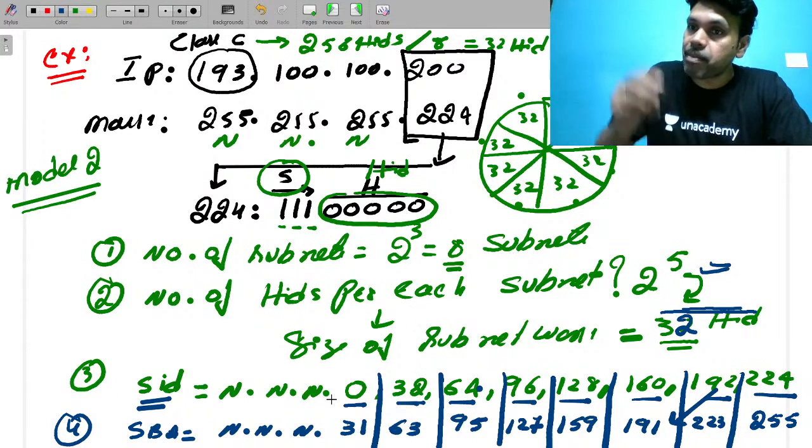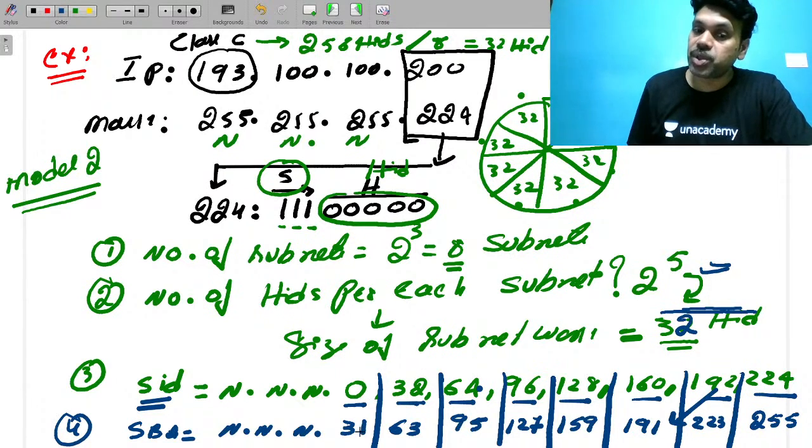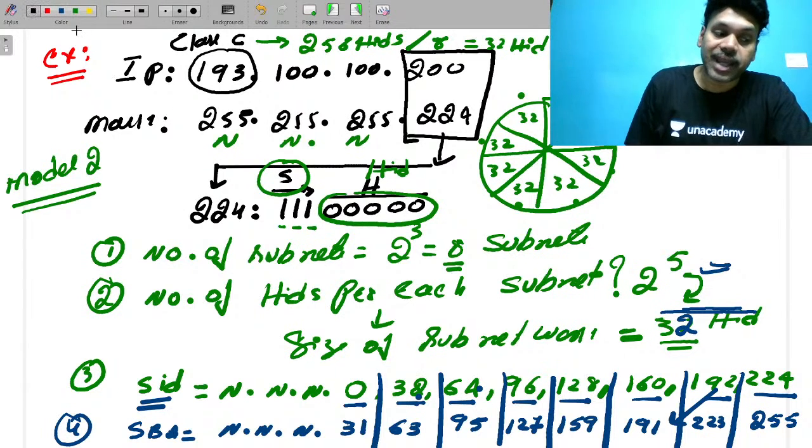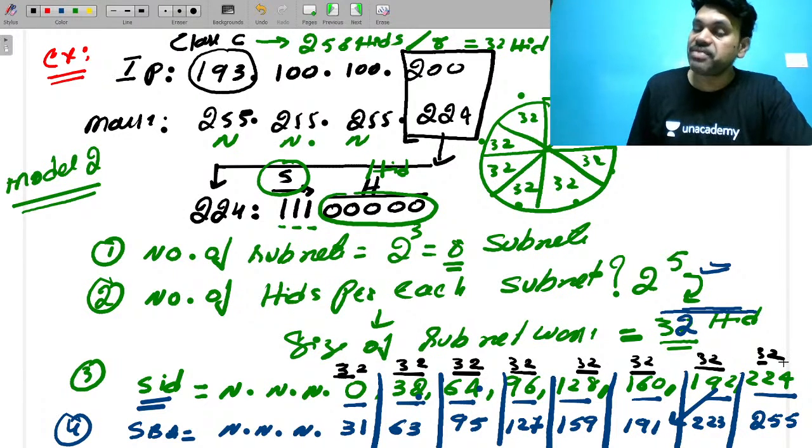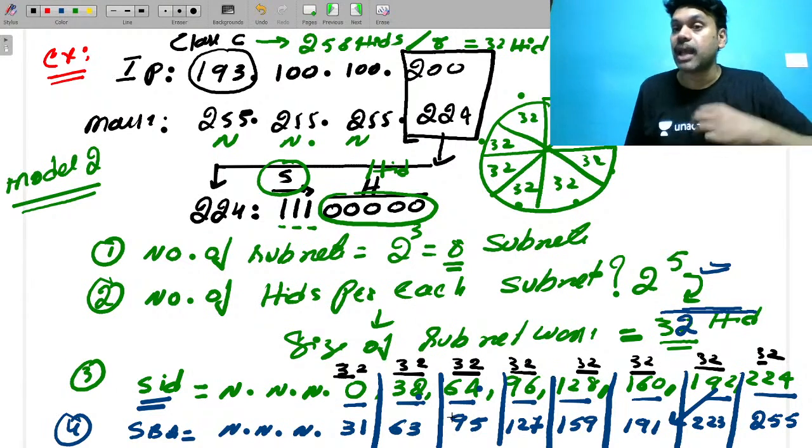The range of numbers of your first subnet is 0 to 31. Next subnet 32 to 63. Next subnet 64 to 95. You observe that every subnetwork has a capacity of 32 HIDs only, as we are doing uniform splitting, which comes under fixed length subnet masking, right? So every subnet has 32 HIDs. The range numbers are 0 to 31, next 32 to 63, like that.